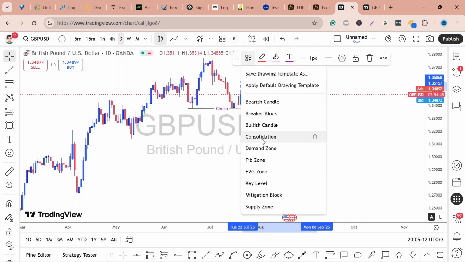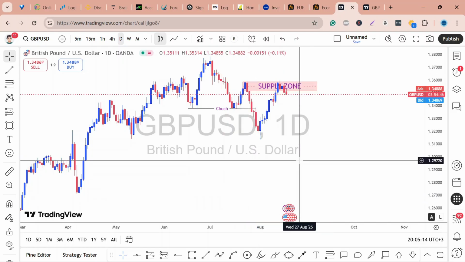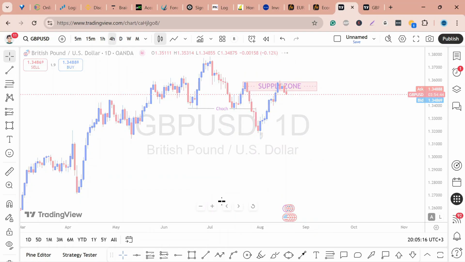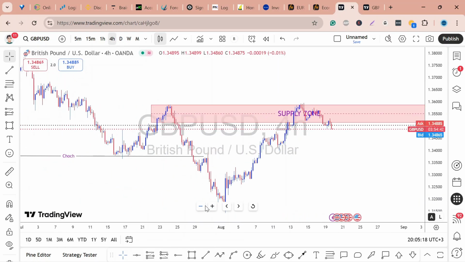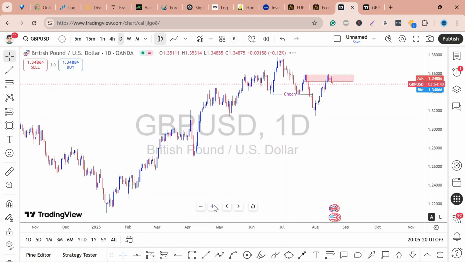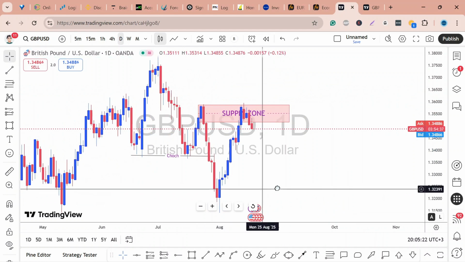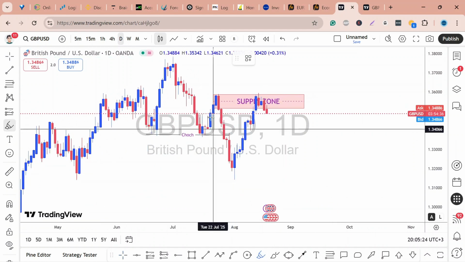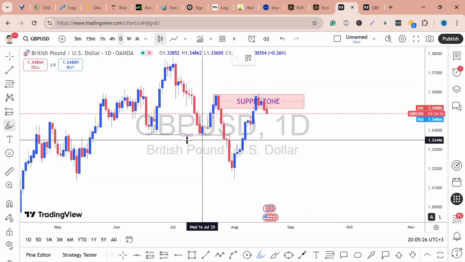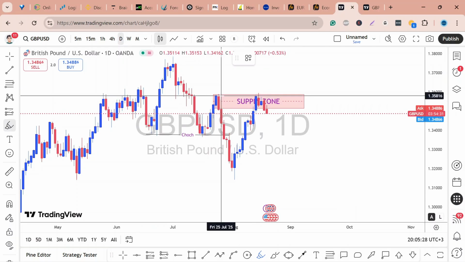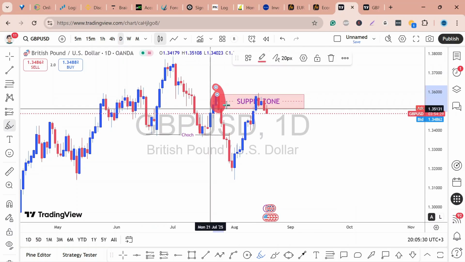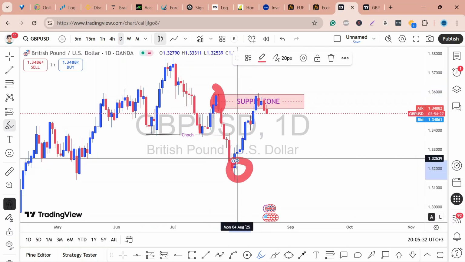For instance, these are supply zones from the daily level. From the daily it is very clear, because we can see that this change of character started from these points here. This was the start of the move, and this is the end of the move.